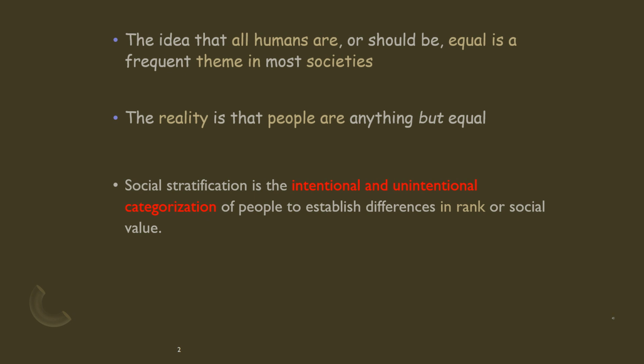By the same token, because many resources are scarce and hard to obtain in most societies, those who have less of these scarce resources are not equal to those who have more of them. So the reality is that people are anything but equal. Social stratification is the intentional and unintentional categorization of people to establish differences in rank or social value.